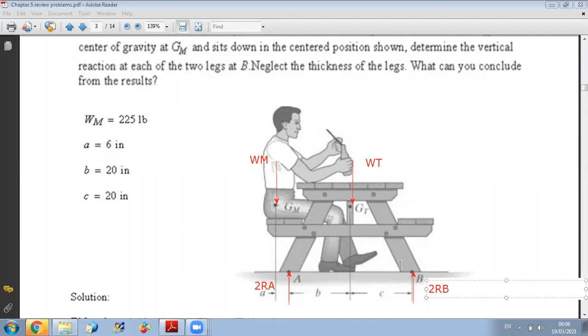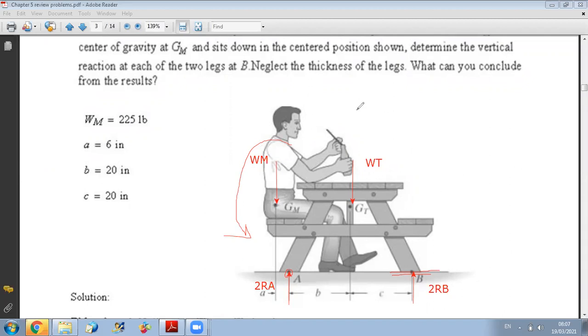Yeah, I can have tipping over. If the weight here is very high, I have the risk of tipping over around point A. Then I will lose contact with B. So now, when I write my relation, I will find what should be the maximum weight of the man to avoid tipping over.